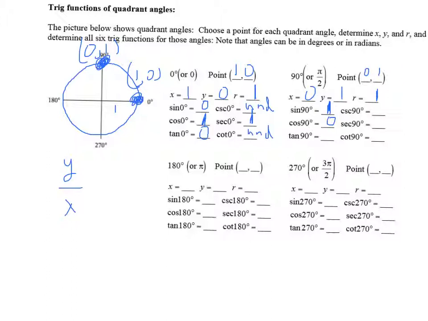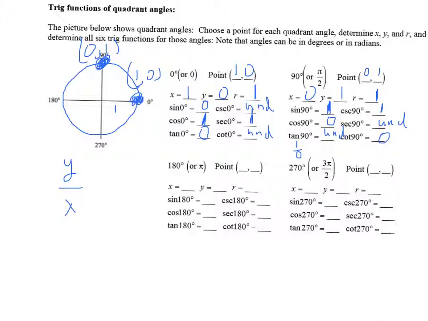Tangent is undefined because it's 1 over 0, and I can't divide by 0. Cosecant is 1, the reciprocal of the sine. Secant is the reciprocal of 0, so that's undefined. Cotangent is the reciprocal of the tangent. Well, 1 over 0 is the reason why it was undefined, so 0 over 1 is 0.